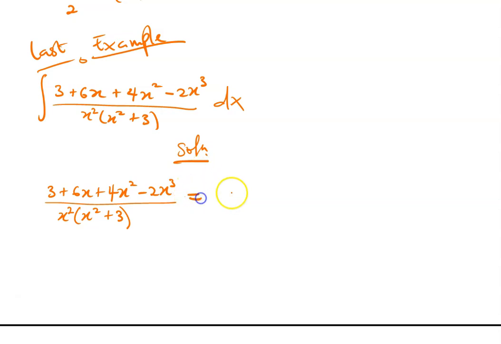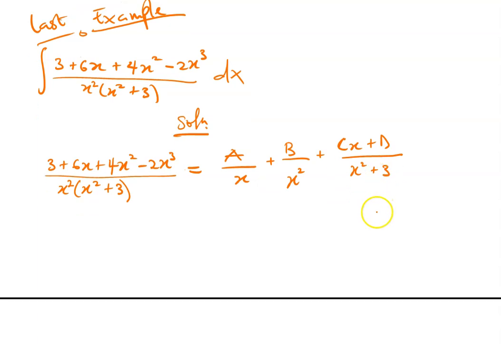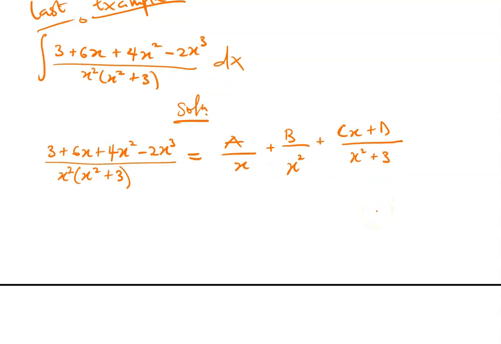If I write the general form for the partial fraction, it's going to be A on x, since it's a repeated factor, then B on x squared, plus Cx plus D, all divided by x squared plus 3. That's the general form for the partial fraction.